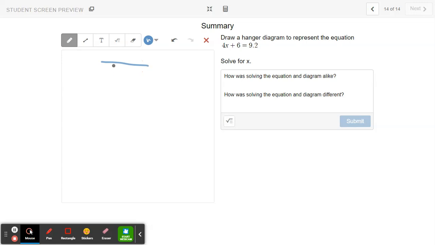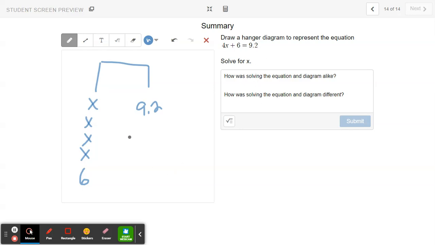So for this, a hanger diagram. All right, so here's our hanger, right? 4x. You can put it in a box. It doesn't matter if you do or you don't. 4x plus 6, right? I've got 4 x's and I got 6. Over here, I'm just going to put 9.2. We know they're equal. It's balanced. So solve for it.